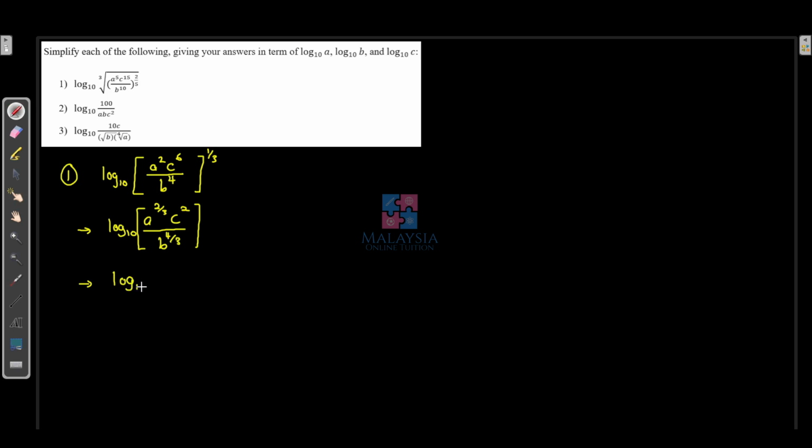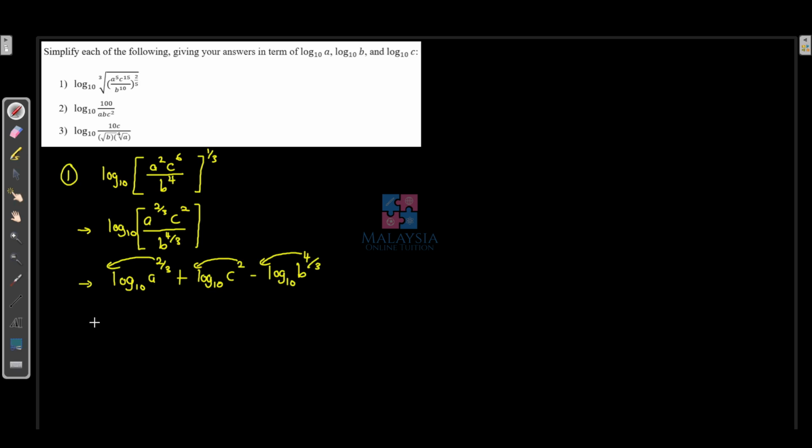So this is what we have right now: log base 10 of a to the power of 2 over 3. Since c is multiplied, we use plus log base 10 of c to the power of 2. And since b is division, we use minus log base 10 of b to the power of 4 over 3. As usual, you bring the powers in front, because you want to get log base 10 a, log base 10 b, and log base 10 c, not a to the power of something, c to the power of something, or b to the power of something.